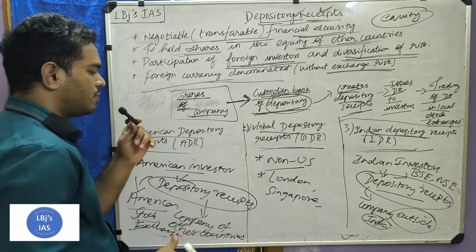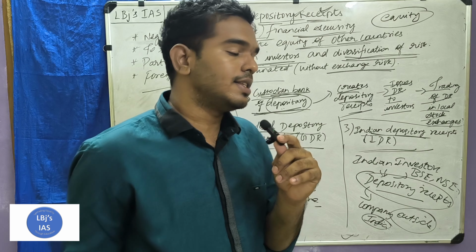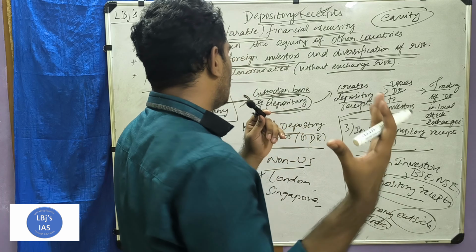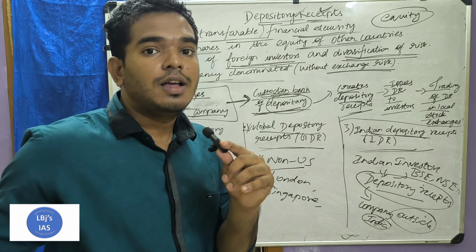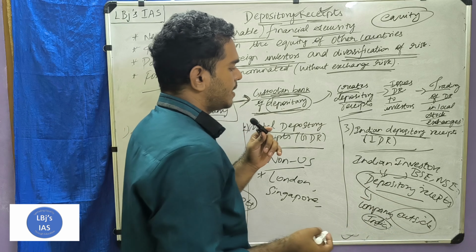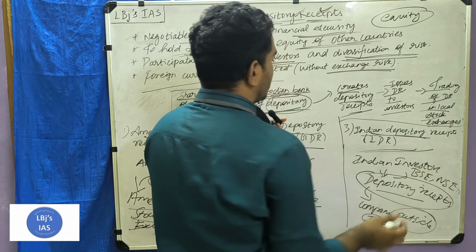American depository receipts will be traded in American stock exchanges. Global depository receipts will be traded in global stock exchanges other than America, such as London, Singapore, etc. Indian depository receipts will be traded in Indian stock exchanges like Bombay Stock Exchange, National Stock Exchange, etc. The process is very simple.